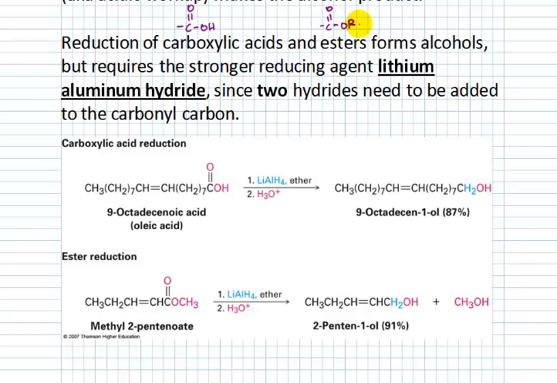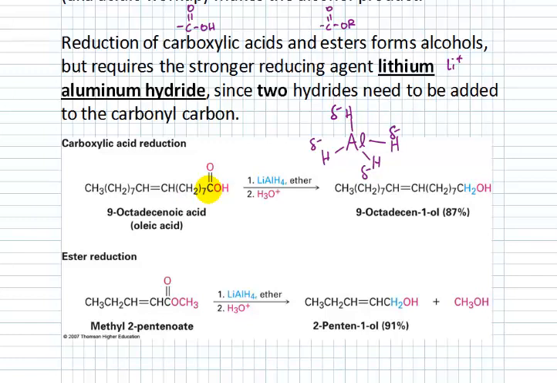We need lithium aluminum hydride. Okay, that's Li plus with the aluminum hydride ion, AlH4 minus. Looks just like borohydride, except now the H's are even more partially negative because aluminum is even less electronegative than boron is. So if we count the hydrogens, we need 2 hydrides to be added to the carbonyl to make an alcohol, right? We essentially only have 1 R group here, but no H's.